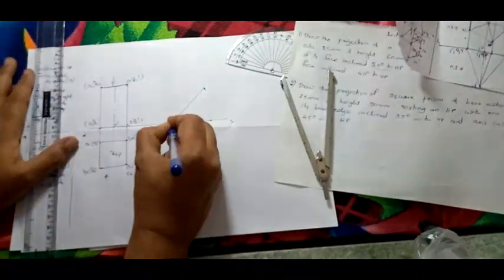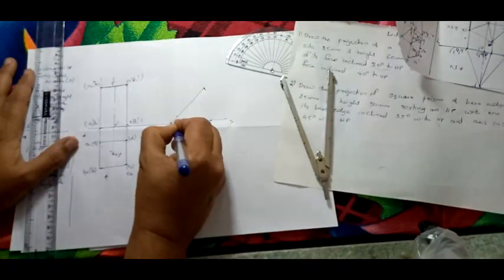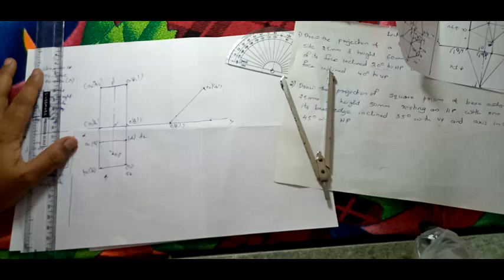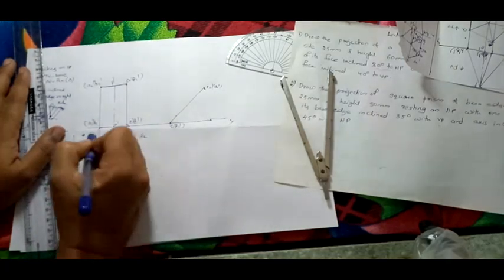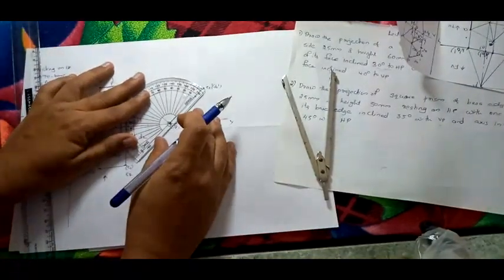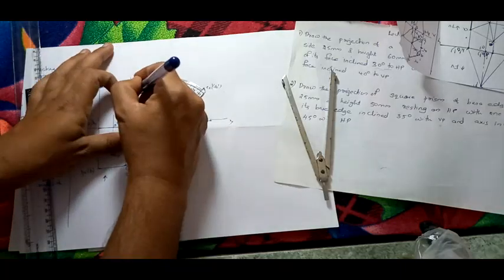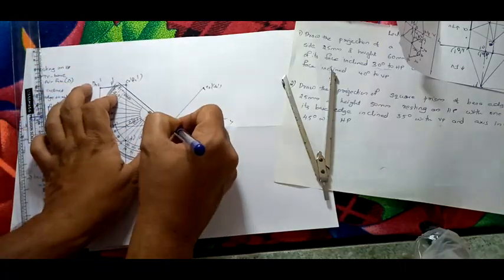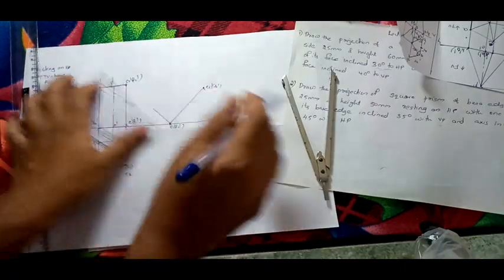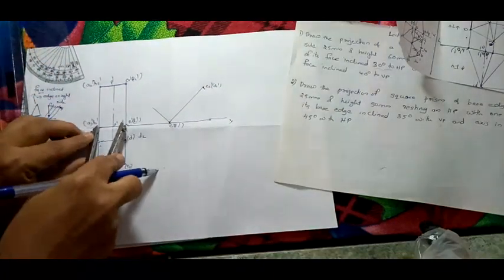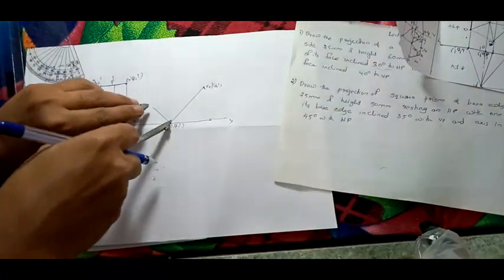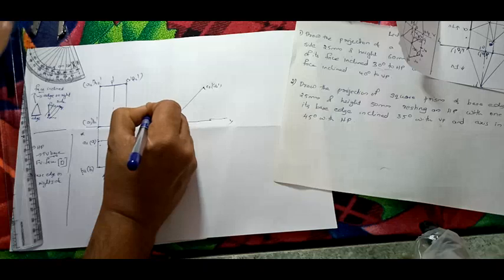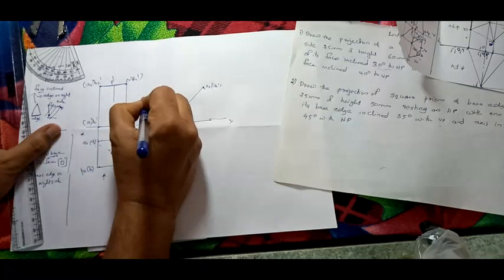Now this is your C1 dash D1 dash, C2 dash D2 dash, right? Now these two lines are perpendicular, right? So from here take 90 degree, draw a line, then take this distance, cut it here, that will be your A1 dash B1 dash, right?